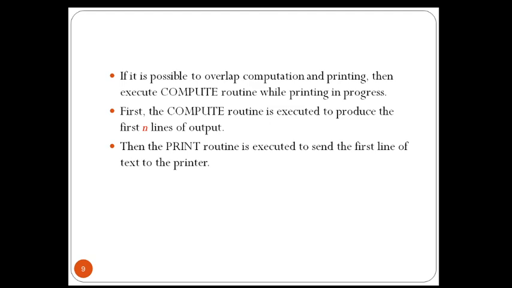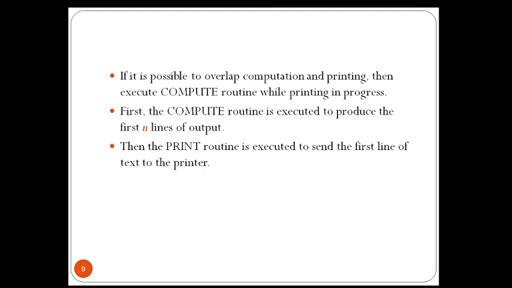Whenever the printer becomes ready, it alerts the processor by sending the interrupt request signal. In response, the processor interrupts the execution of the compute routine and transfers control to the print routine. The print routine sends the second line to the printer and is again suspended.